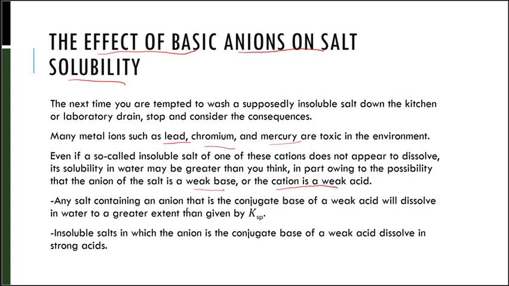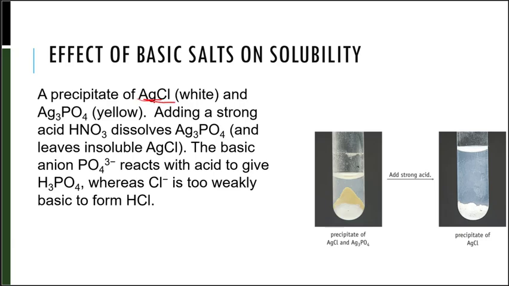Any salt containing an anion that is the conjugate base of a weak acid will dissolve in water to a greater extent than given by the KSP. Insoluble salts in which the anion is the conjugate base of a weak acid dissolve in strong acids. Let's look at an example here. We have a precipitate of silver chloride, that's the white precipitate, and silver phosphate, which is the yellow.